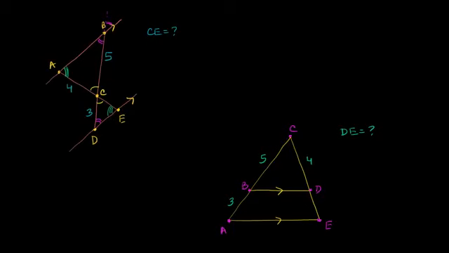So I'll color code it so that we have the same corresponding vertices. That's really important, to know what angles and what sides correspond to what, so that you don't mess up your ratios.